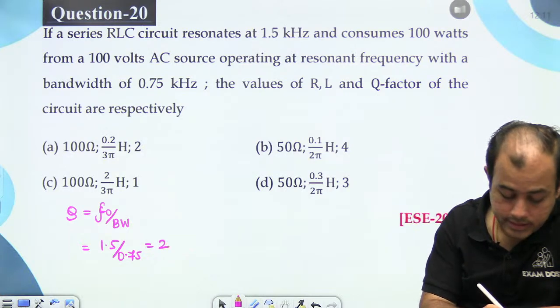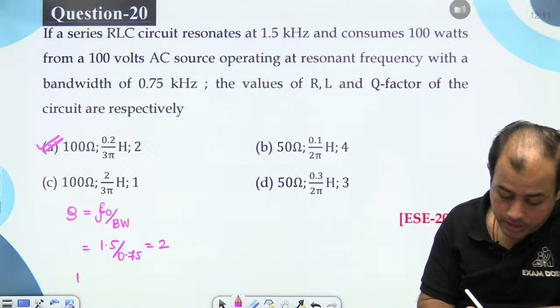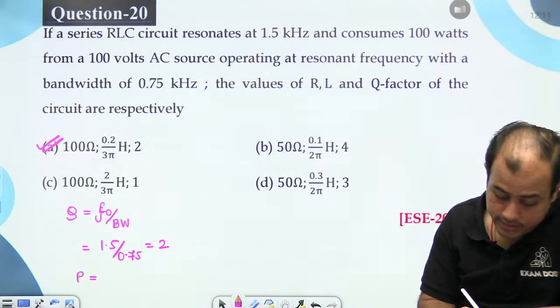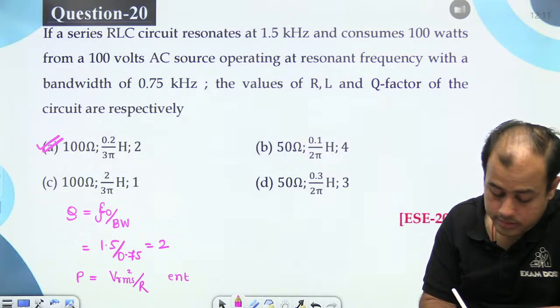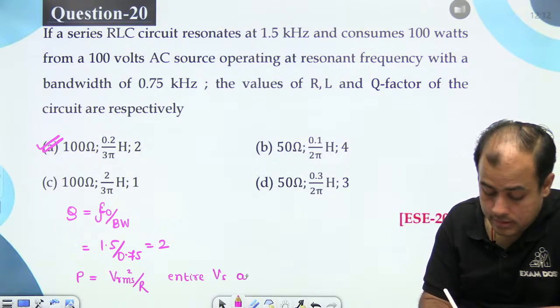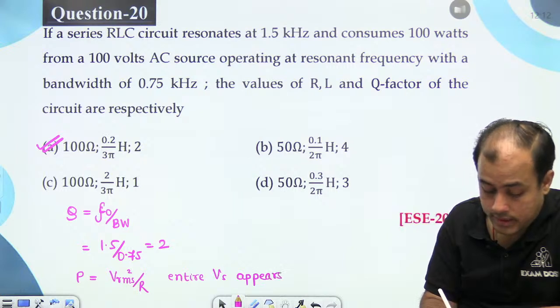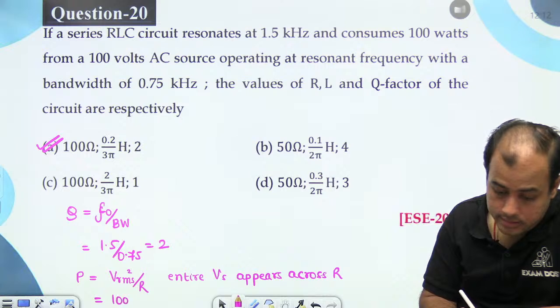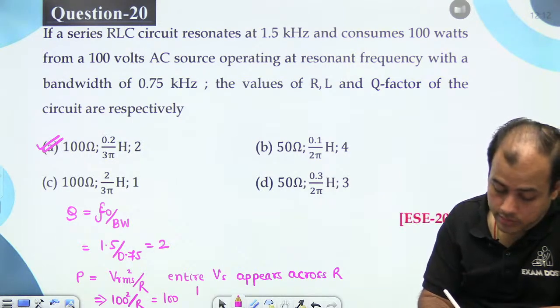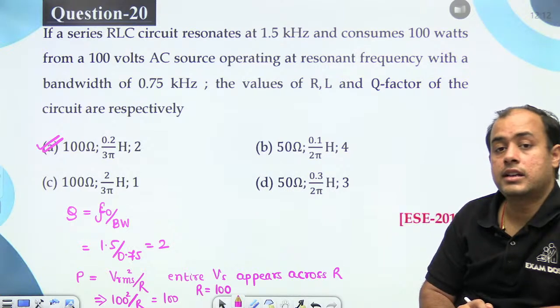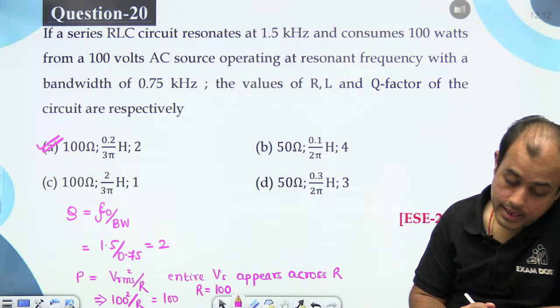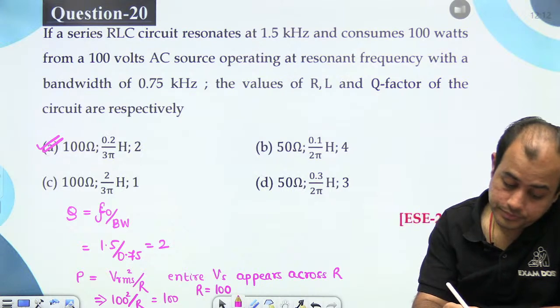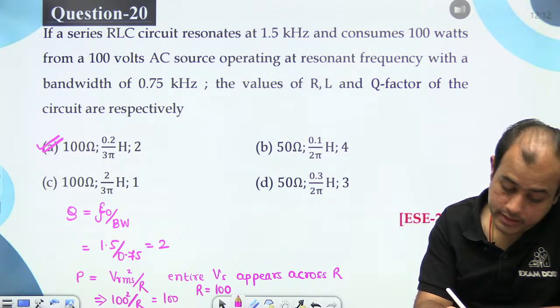तो आंसर तो यहीं से डिसाइड हो गया, A. नाउ पावर. Series RLC circuit will be entire Vs. Source voltage appears across R. At resonance, the total supply voltage appears across R. So R will be 100. Correct? R will come out to be 100. And what about L? Bandwidth.